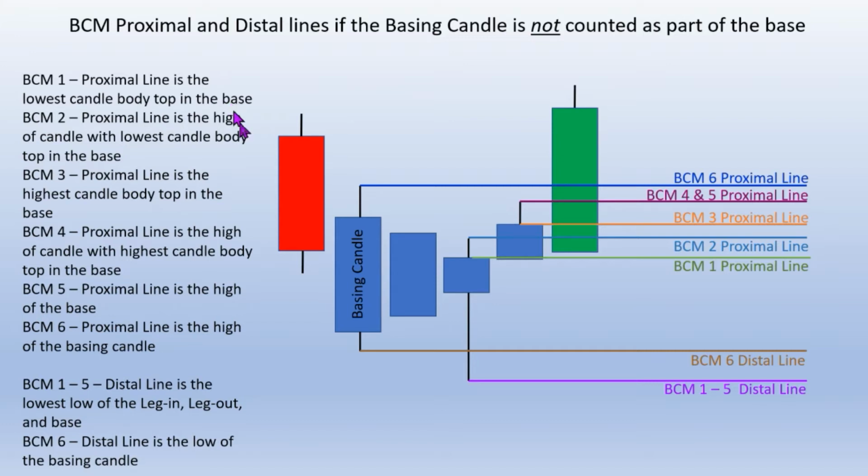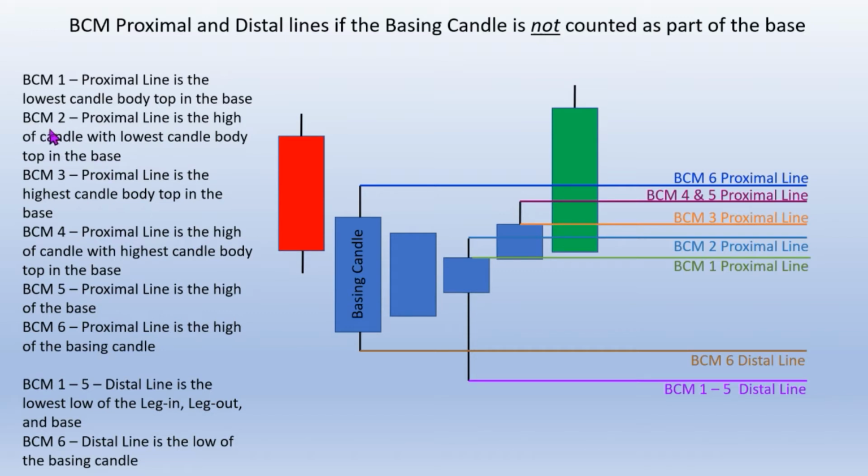So if you look over here, you've got in green the BCM1 proximal line. So this shows you where the proximal line would be drawn. Okay, so it is the lowest candle body. And then the distal is drawn at the lowest point in the base, which is this wick here.